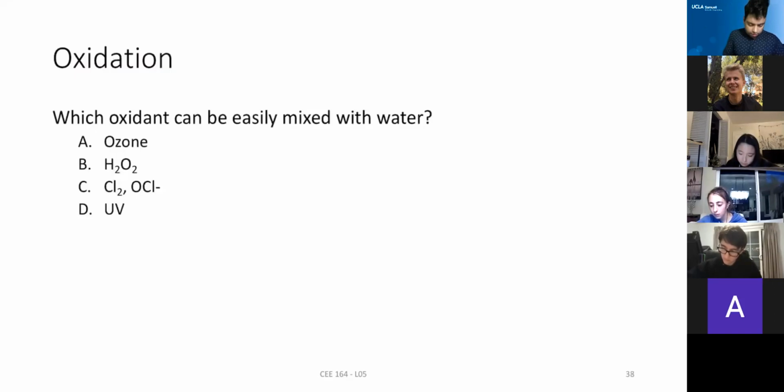All right, now that we have learned everything, let's see this last quiz, so that we see how much we learned. Which oxidant can be easily mixed with water?